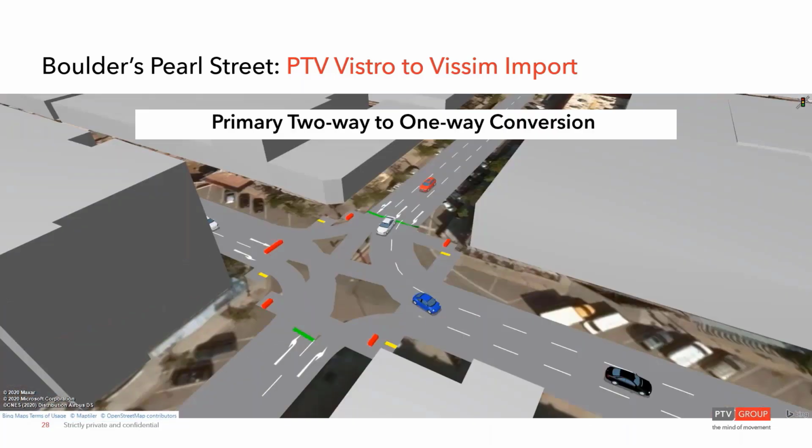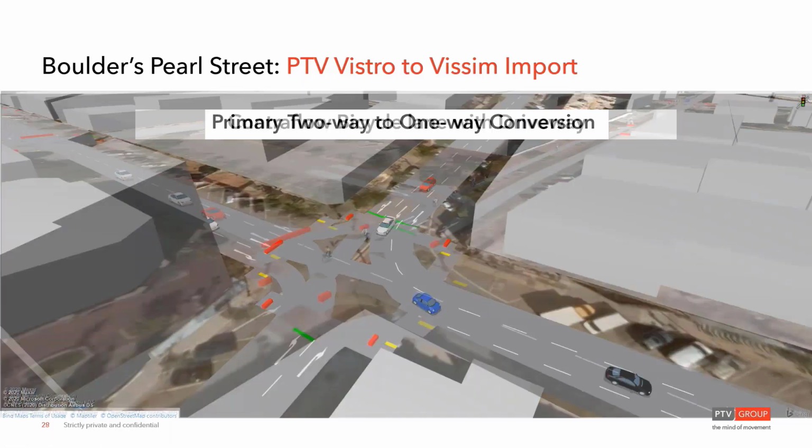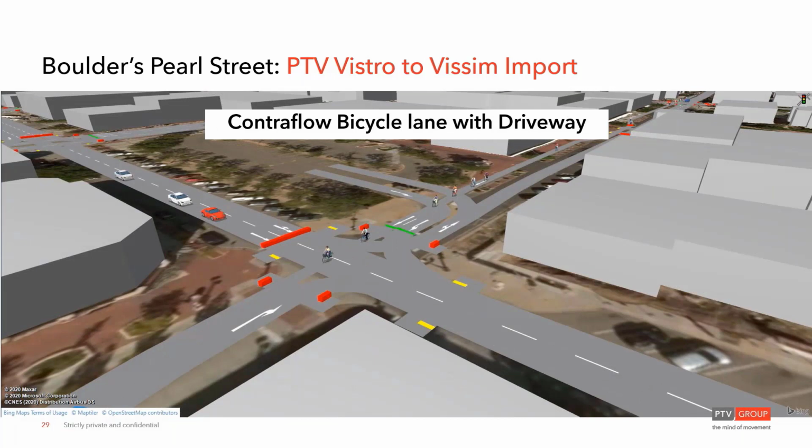This is one of the primary two-way to one-way conversions here. There are 4 of these in this model. You can see down at the bottom is the two-way side, and up at the north part is the one-way side going around the corner with the left turns. Here is that one part of the contraflow bicycle lane that merges into the driveway.